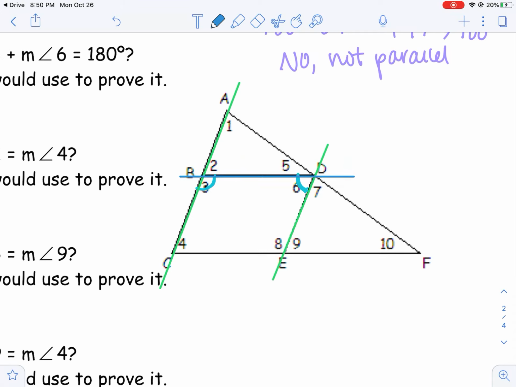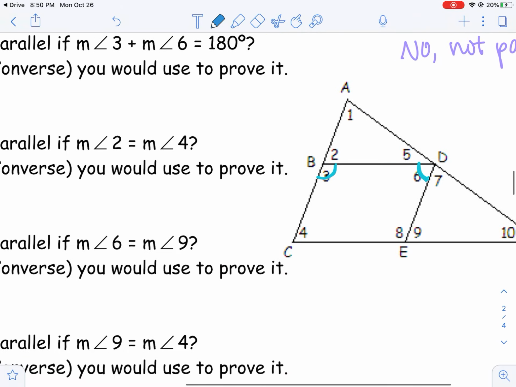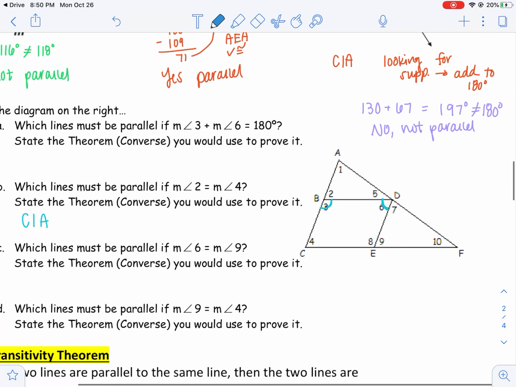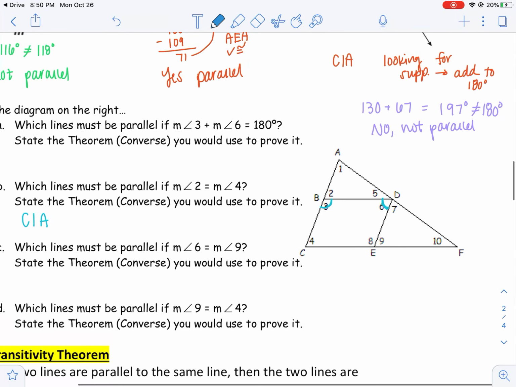Okay, do we see how we now have consecutive interior angles? All right, so let's go ahead and state that line CB, we could say CA, but I'm just going to use that little piece, CB is parallel to line DE, okay?